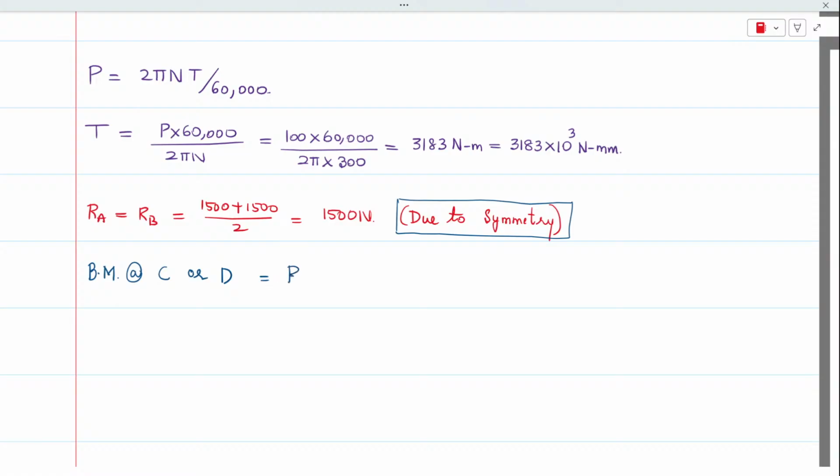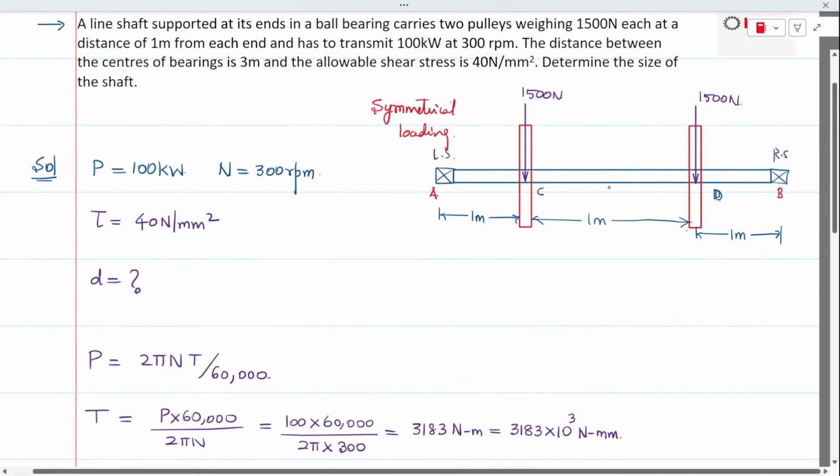That is reaction RA into distance 1 meter. That would be 1500 into 1, which is equal to 1500 Newton meter, or which is 1500 into 10 power 3 Newton mm. Let's try to check what would be the bending moment value in the middle.